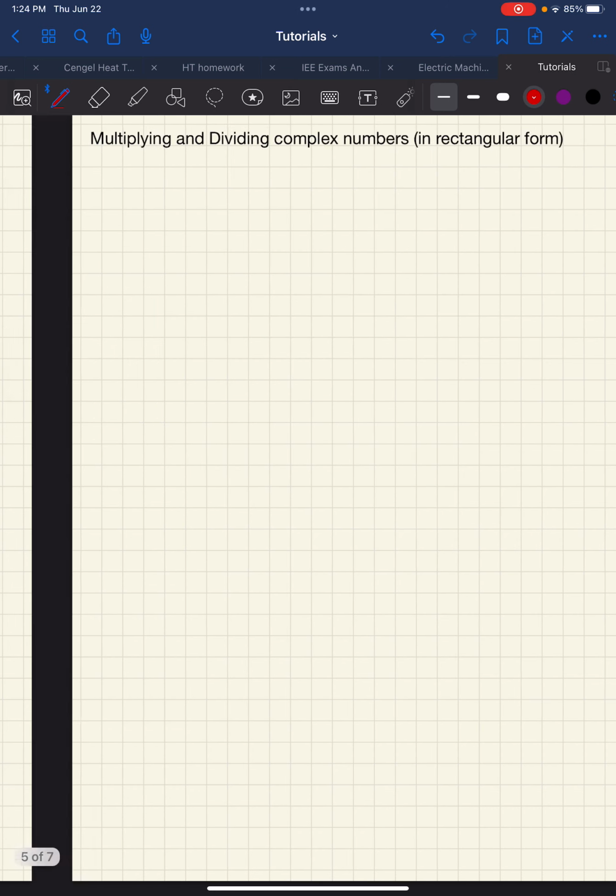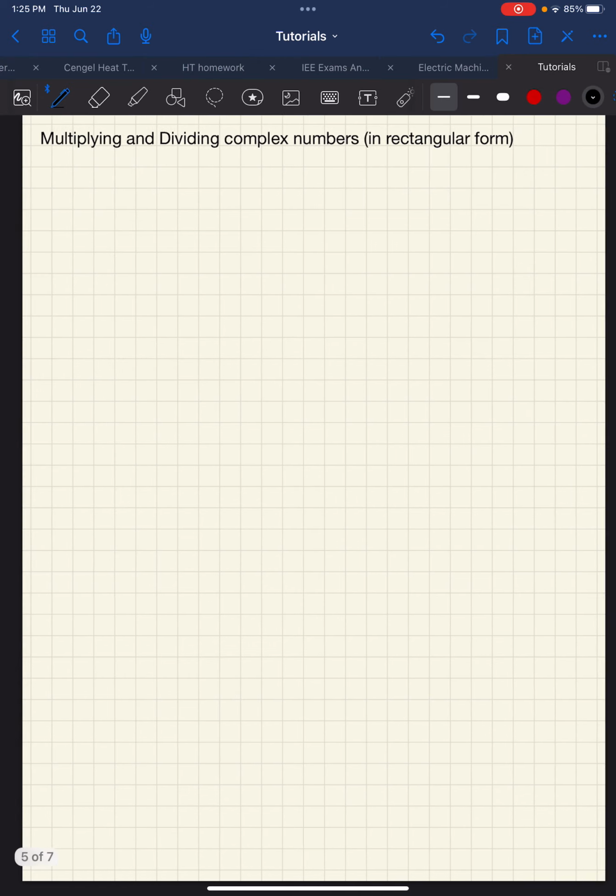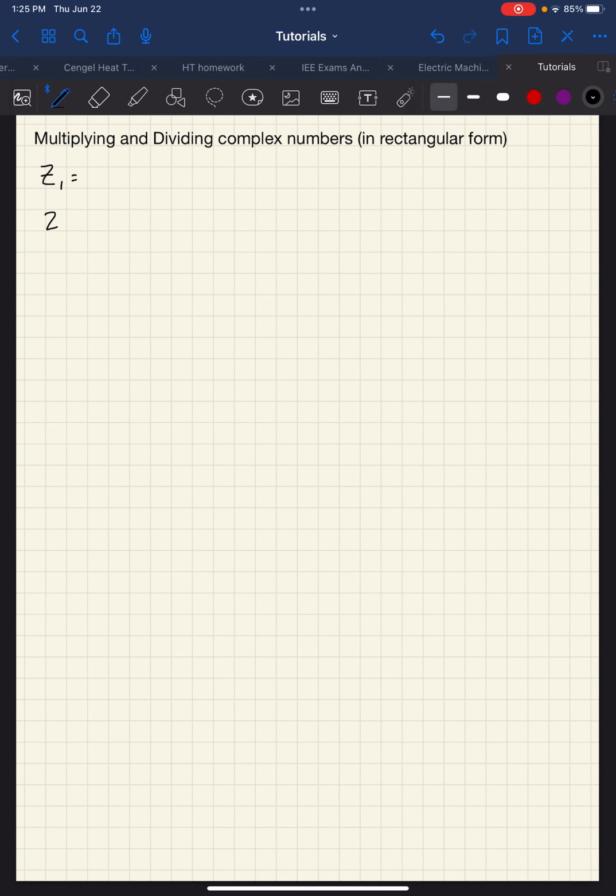Now, of course, what happens if they're in rectangular form and you're asked to multiply them? Well, then you have to do an extra step. You have to convert from rectangular into polar and then multiply or divide them. So let's use the complex numbers from the very first example. z1 was 2 plus j3. z2 was 4 minus j7.